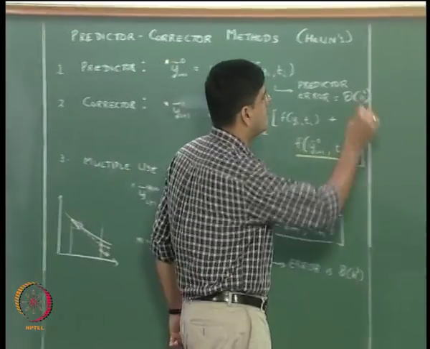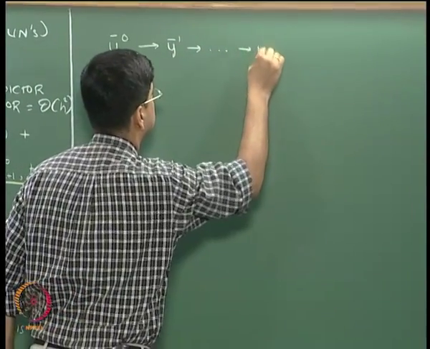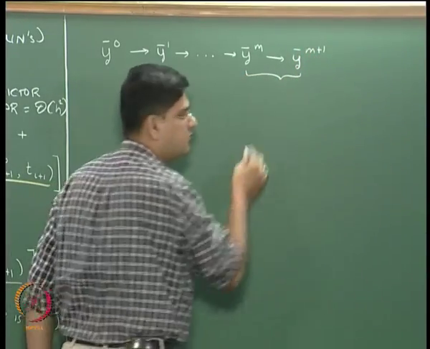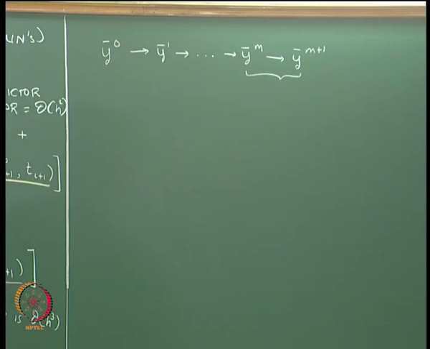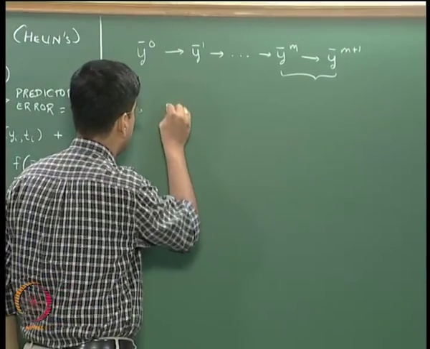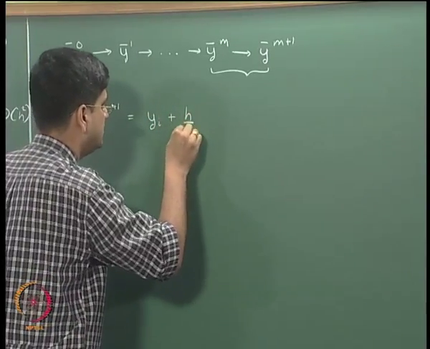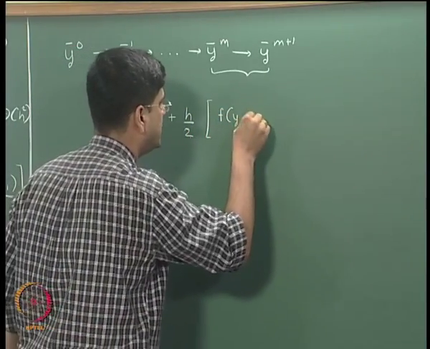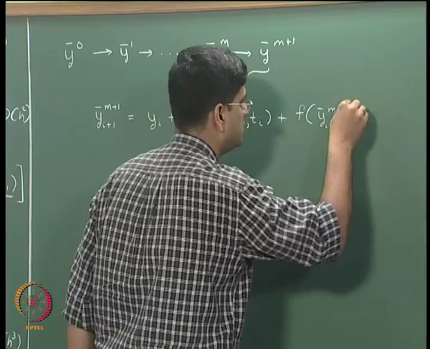So if we go from y bar 0 to y bar 1 and so on up to say y bar m, and we go to y bar m plus 1, if the error between y bar m and y bar m plus 1 is very small, then if we substitute that in this particular equation, the equation that we get is y bar m plus 1 is going to be equal to yi plus h by 2 multiplied by f of yi comma ti plus f of y bar m plus 1 comma t i plus 1.